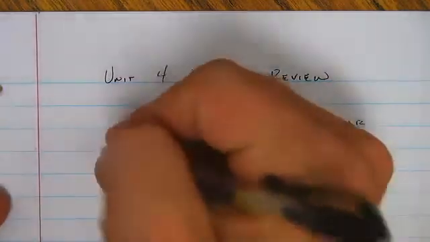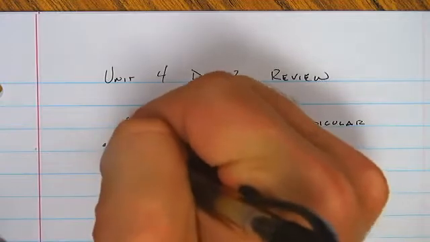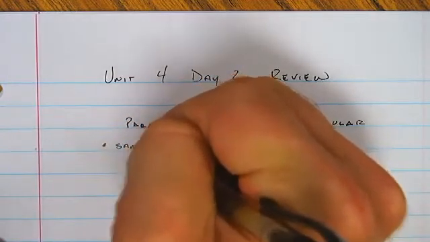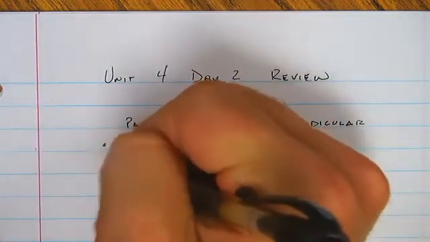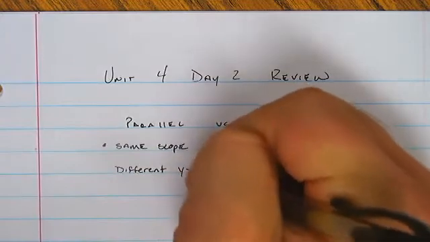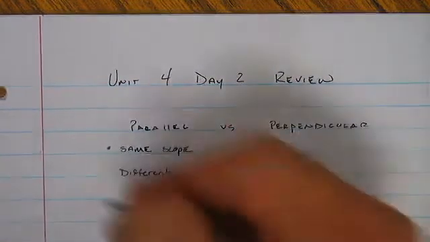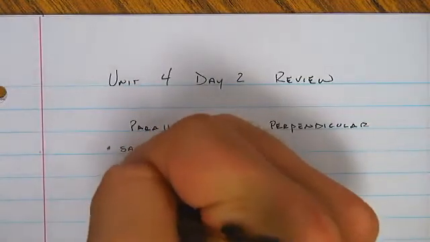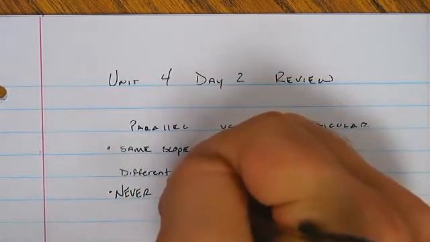Parallel, they have the same slope, different y-intercepts, which means they're never intersecting.